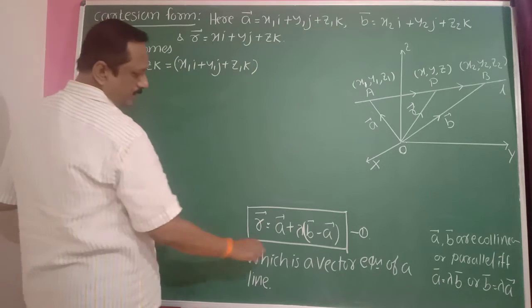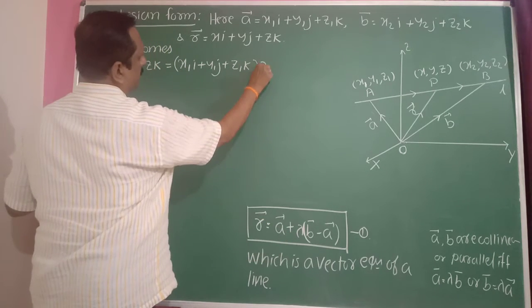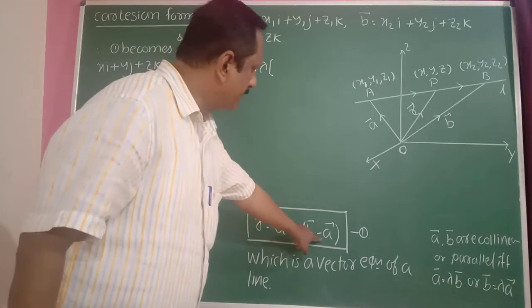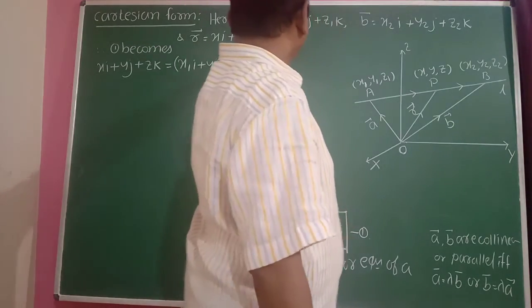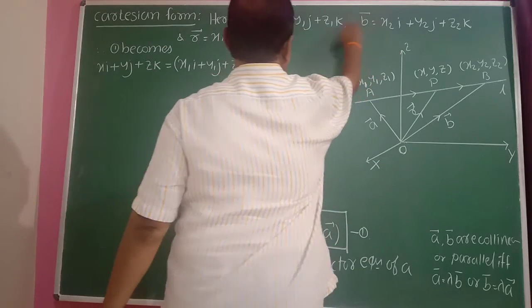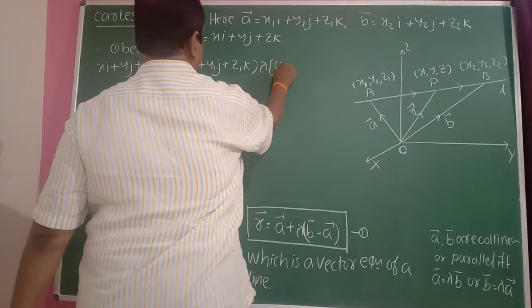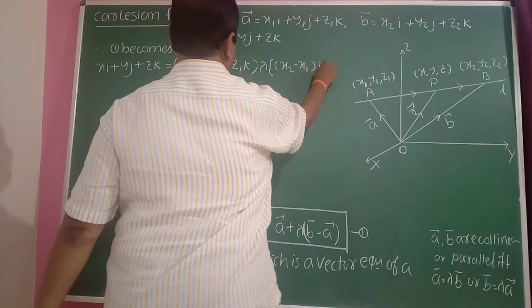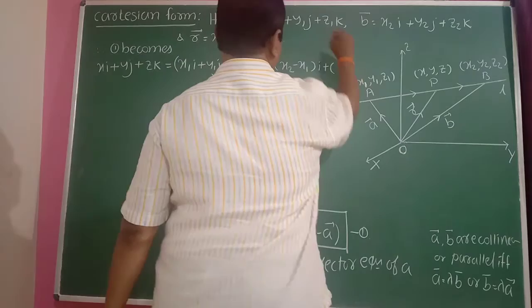Bracket complete. Then plus lambda into bracket B bar minus A bar, this vector minus this vector, which is x2 minus x1 i plus y2 minus y1.